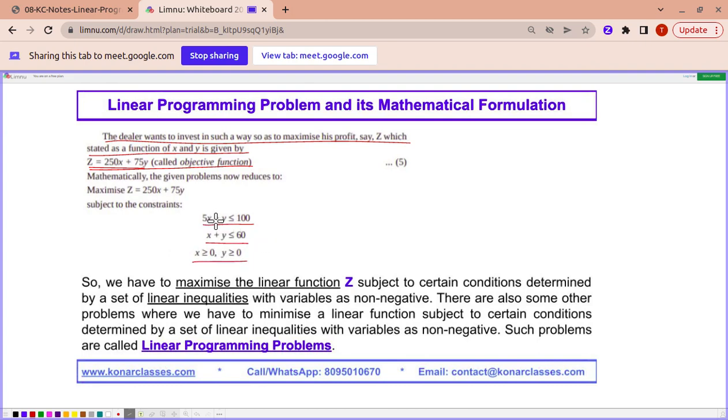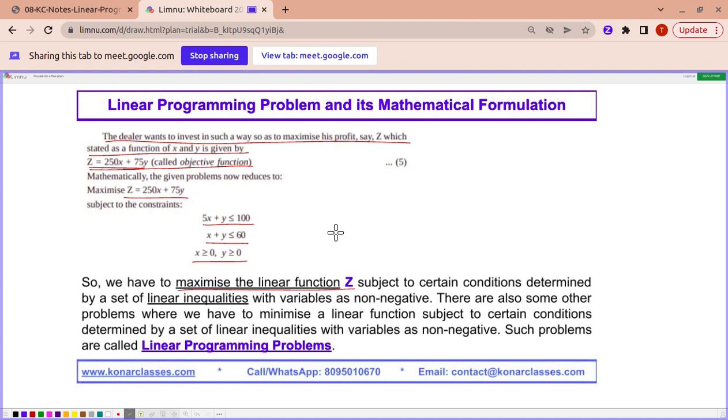So, what we see is that we have to maximize the linear function z. It is a linear function of x and y, 250x plus 75y, that is the linear objective function z.